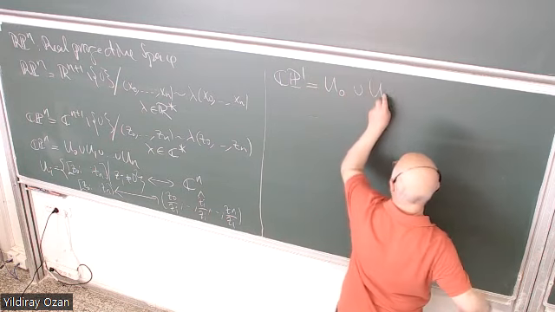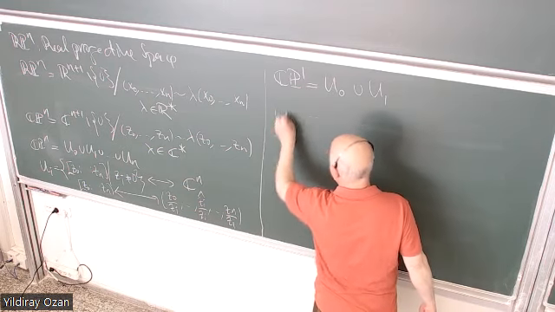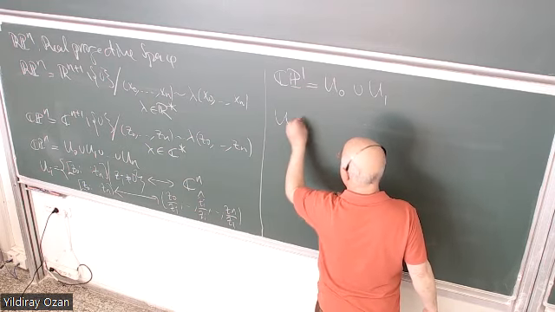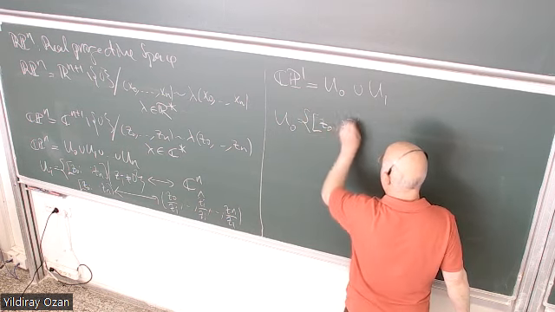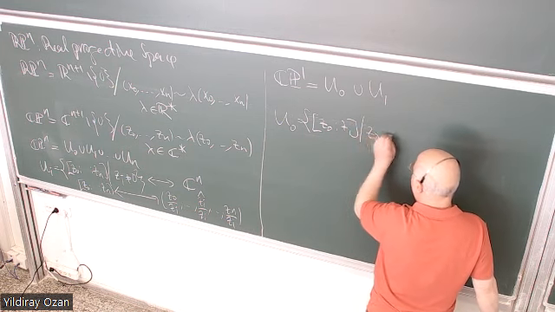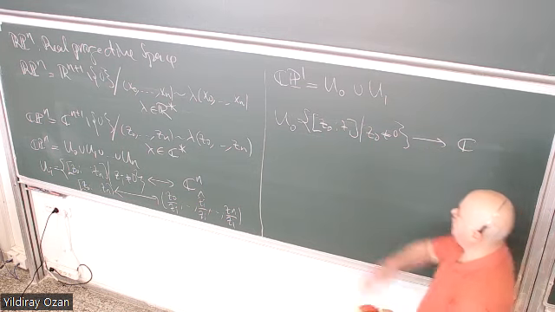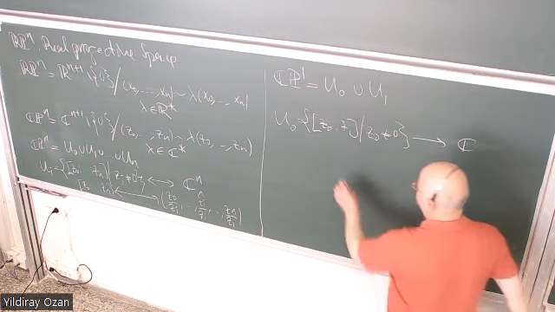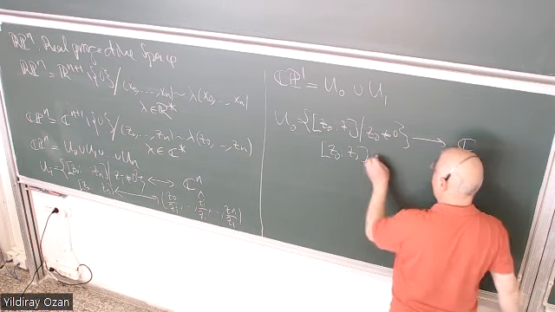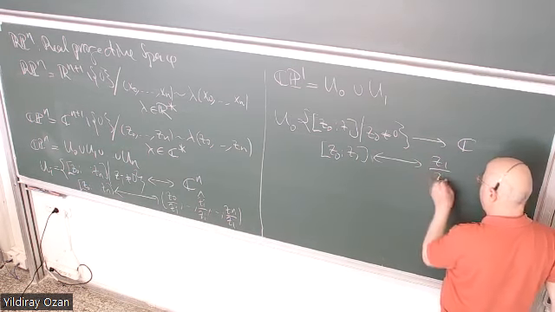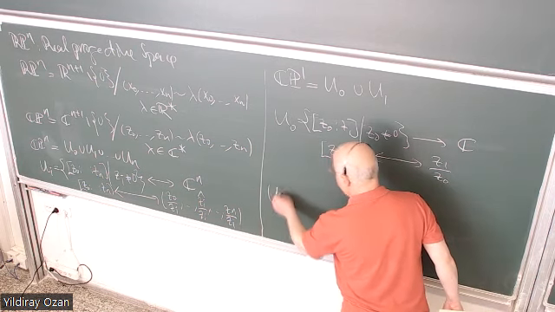In particular, CP1 is just a copy of U0 and U1, and as in the case of RP1, we have a similar construction. This is just a pair Z0, Z1, where Z0 is not 0. And we identify this with C because n is 1. What is the identification? We just identify this point with Z1 over Z0. And similarly, we have U1.